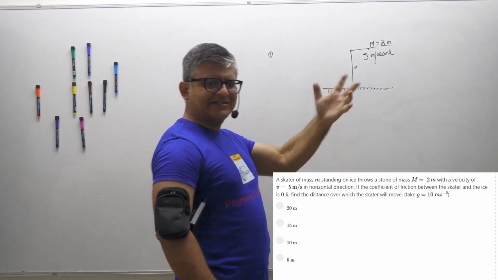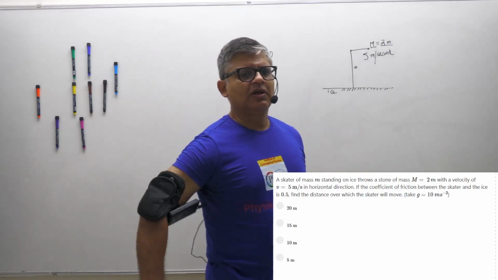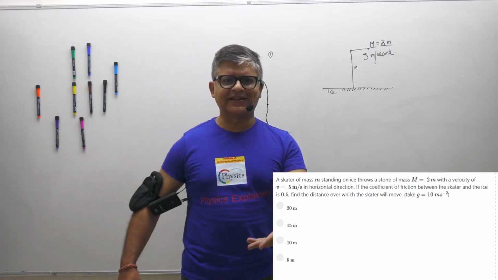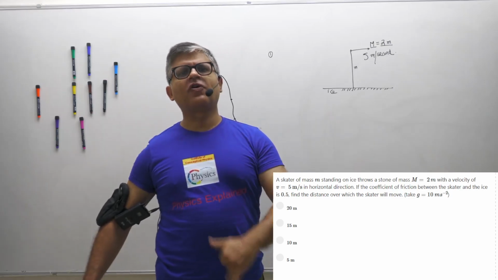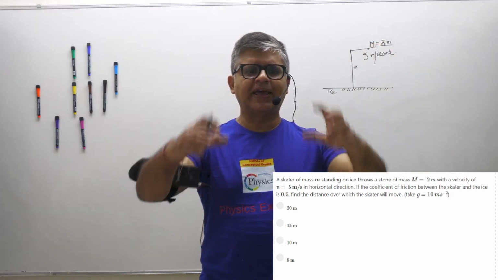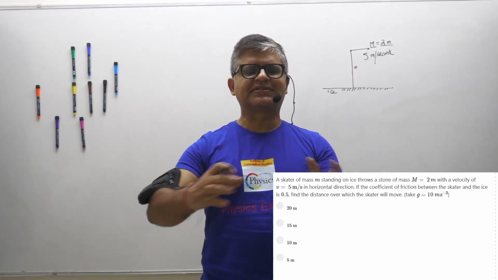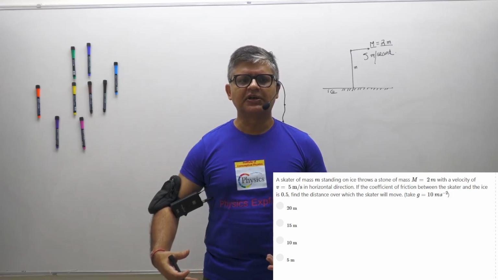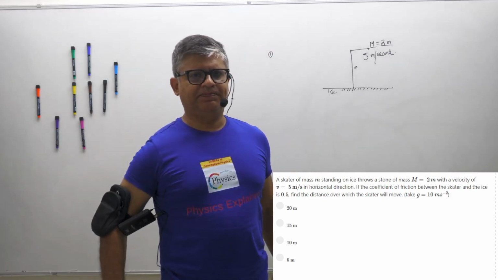It looks like an action and reaction, but there is no external force. Let's move to other things. Let's go to the law of conservation of momentum. In a collision or a closed system having no external force, momentum is conserved.